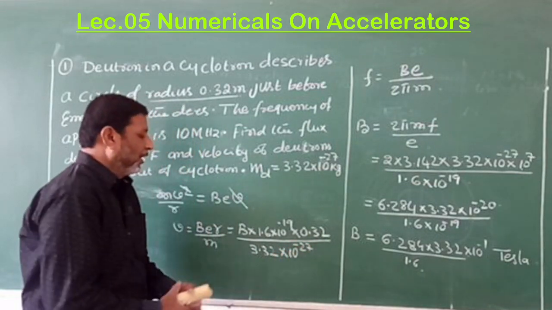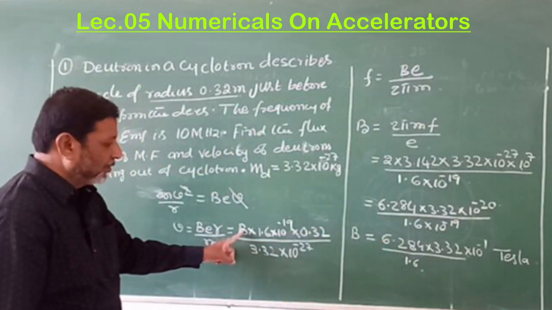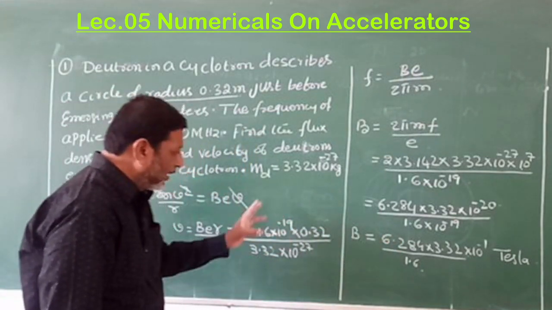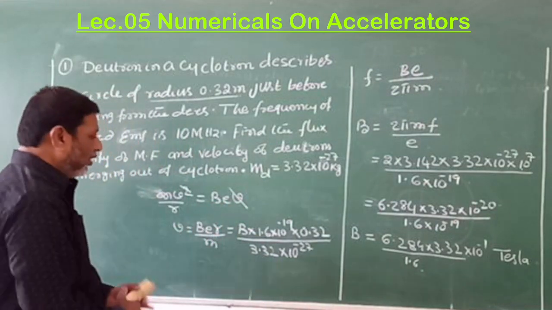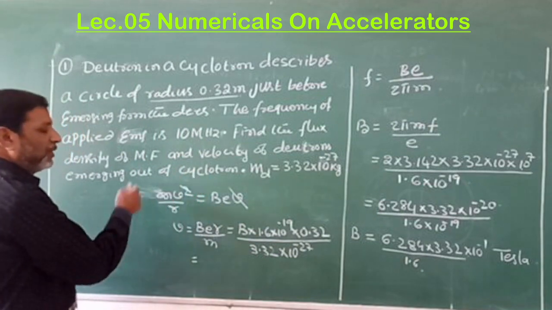Whatever value of B you get, you substitute here and simplify, then you get the value of velocity of the deuteron before emerging from the cyclotron.